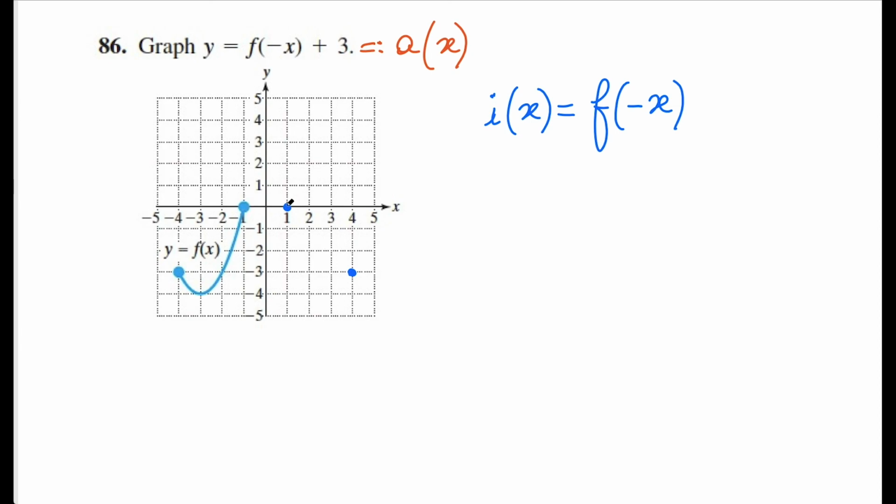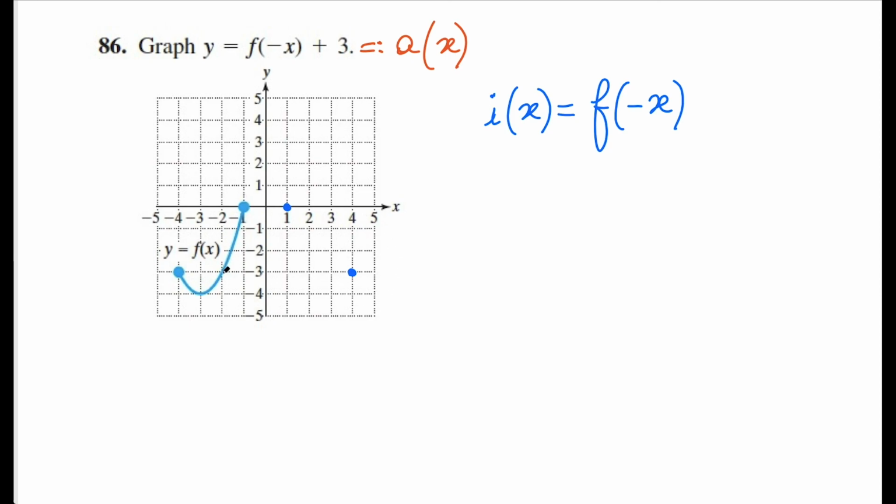If you reflect in the y-axis, you're going to have 1, 0. The coordinates of this point are negative 4, negative 3. Now if you reflect in the y-axis, you're going to have 4, negative 3, right? And you're going to have the same curvature, but now over here, correct?